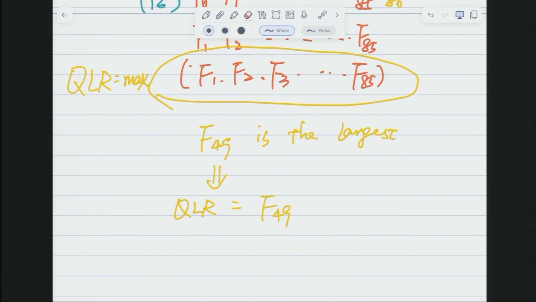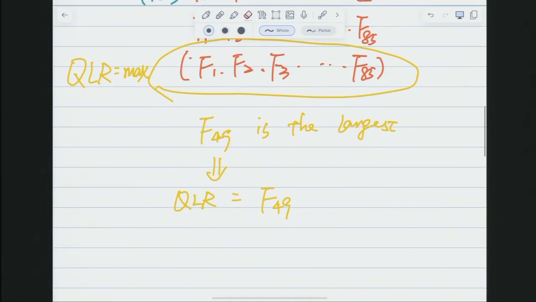One advantage of this QLR test is that it allows us to estimate the break date. Essentially, the date that corresponds to the largest F statistic gives us the date where the break happens. So the tau hat is the point where the F statistic is maximized.